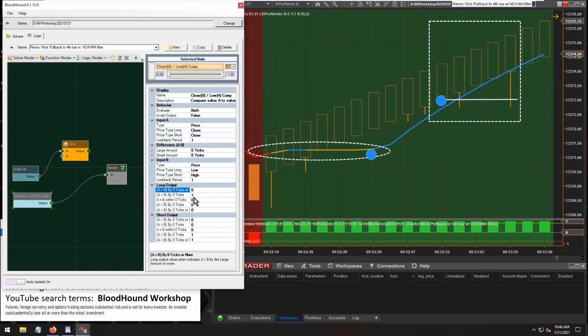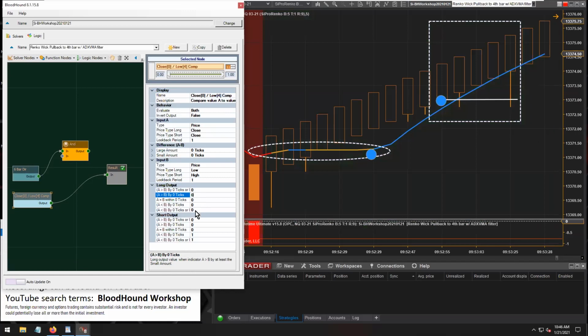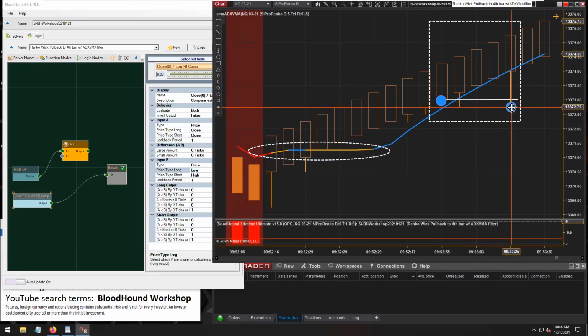So for a long signal here, this is the output that we want. Remember A is the close of the bar, needs to be less than B. And remember B is the low of the bar, right? So price needs to come down here.